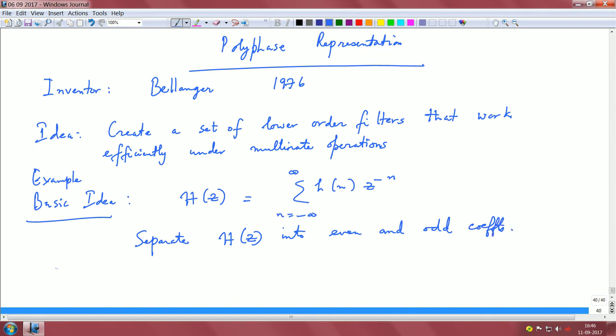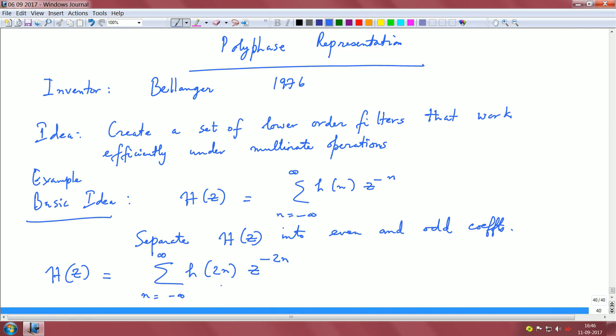So, we do this, then H of z can be written as follows. We have a summation n equals minus infinity to plus infinity h of 2n z power minus 2n.